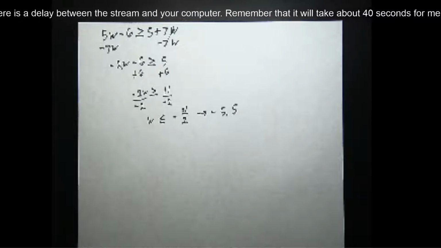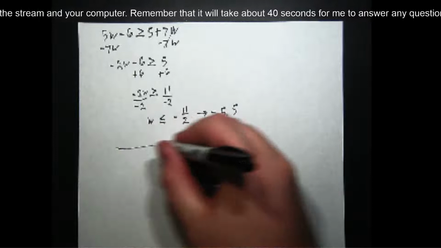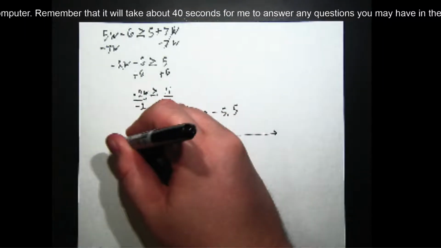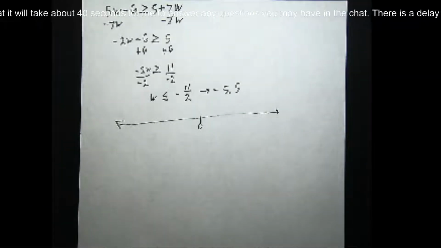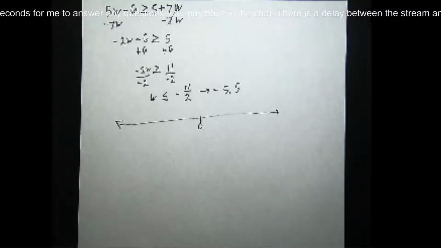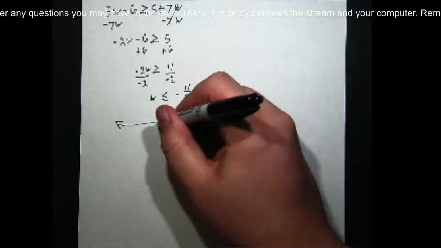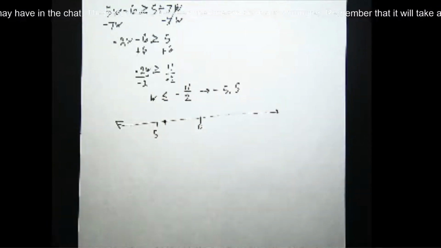So let's graph it, and let's get our answer as an interval. Because honestly, I feel like graphing it is the easiest way to see that interval. Okay, so I know that w is less than or equal to negative 5.5. So I'll say that 5 is here, meaning that 5.5 is right here.